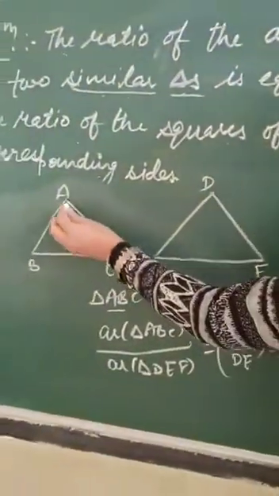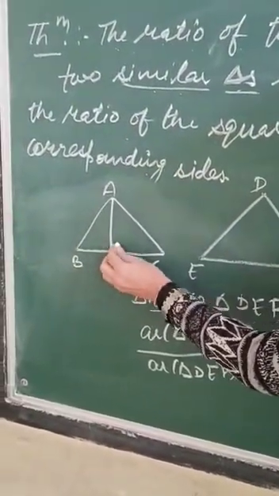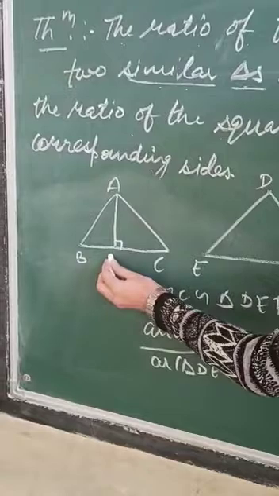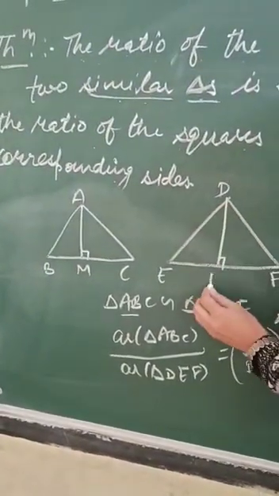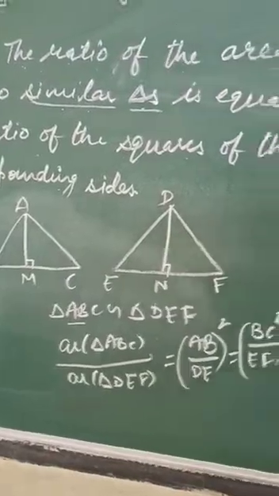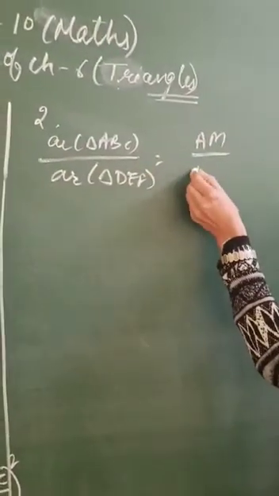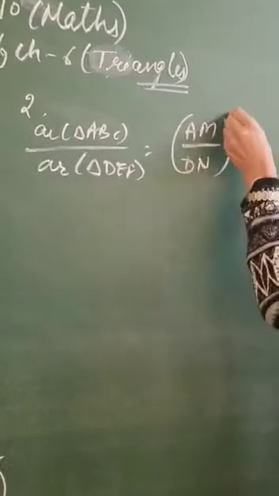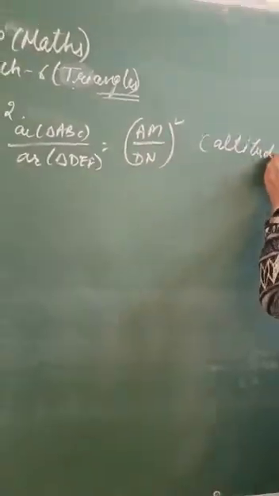What is an altitude? From one vertex, if I draw the perpendicular at a 90-degree angle, suppose it is point M, and here is point N, then the ratio of the areas equals the corresponding altitudes squared, AM upon DN, squared.